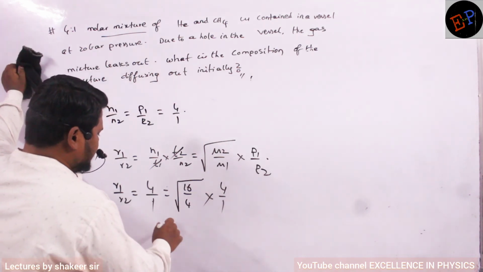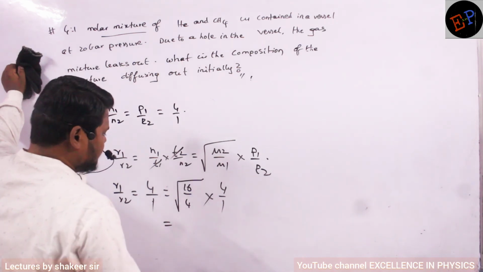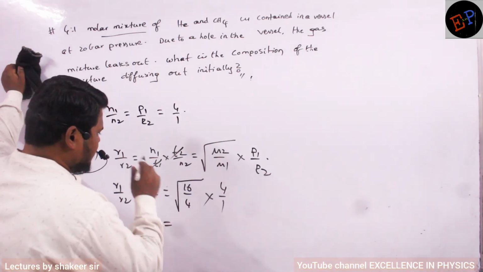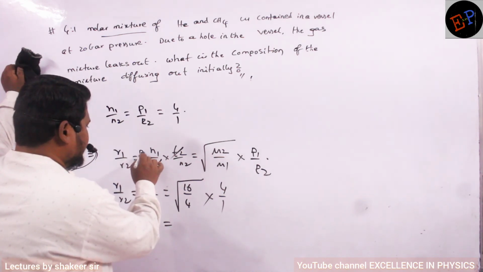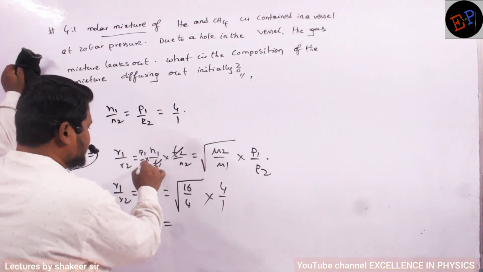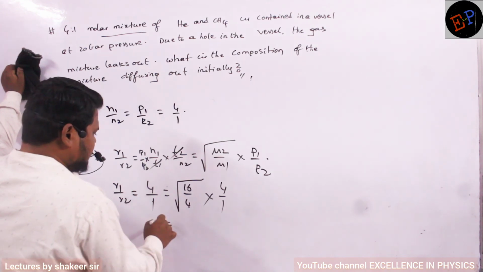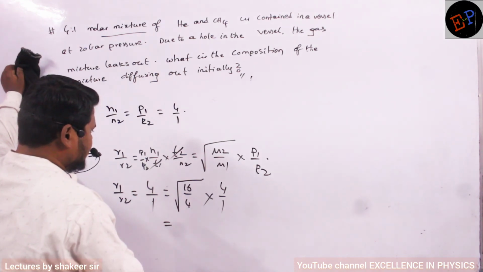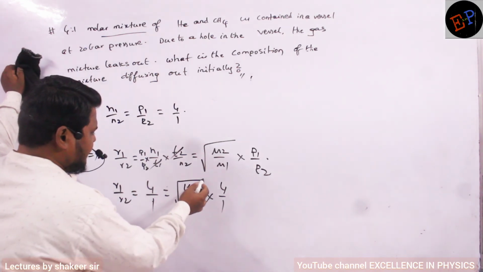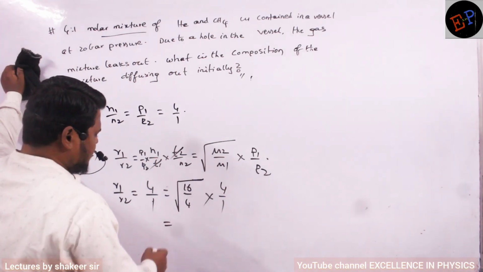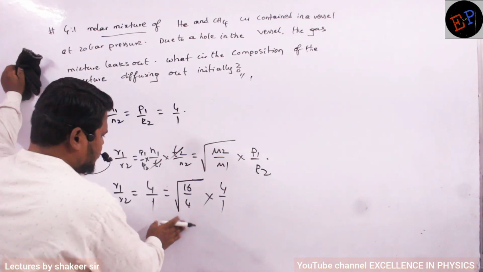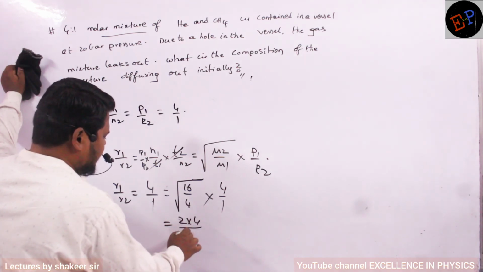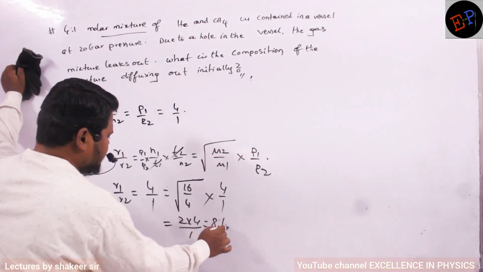What is the calculation? Here also I have to multiply by P1 by P2 on both sides. So what calculation am I getting? 4 into 2, so 2 into 4 divided by 1, this is equal to 8:1.